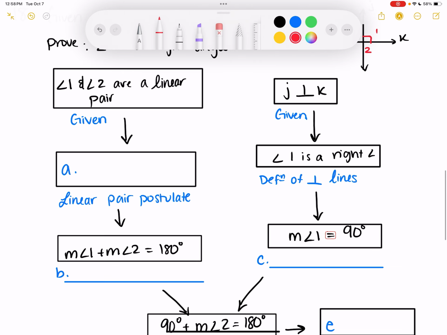All right, so if angle 1 and angle 2 are a linear pair, okay, that was given information. And this step, the reason is the linear pair postulate. What might be going here? What is the linear pair postulate basically telling us? You don't have to give me the exact words, but. Take everybody equal 180 degrees. Nope, not what I'm looking for.